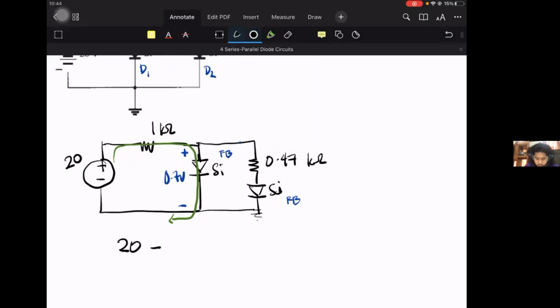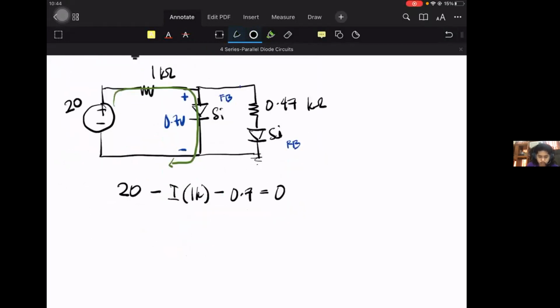Shortcut: 20 minus I times 1K minus 0.7 is equal to 0. So I is equal to 19.3 milliamperes. VO is 19.3 volts.